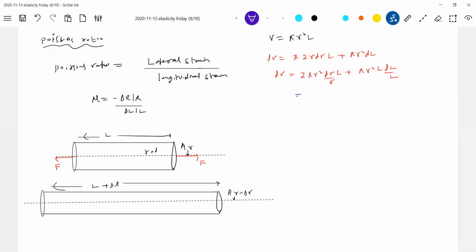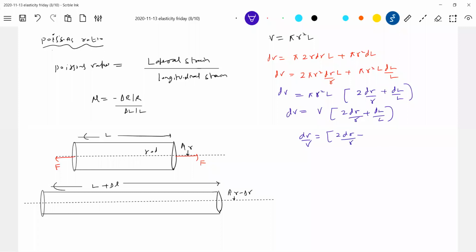So pi R square L I can take outside, leaving 2 dR by R plus dL by L. So what is this quantity? Pi R square L will become V. Now dV by V is equal to 2 dR by R plus dL by L.